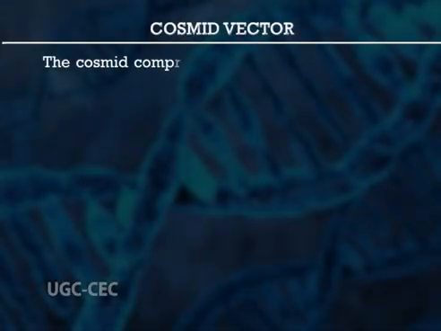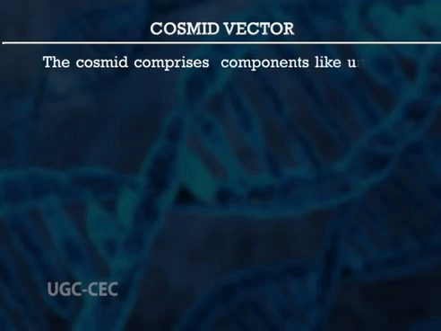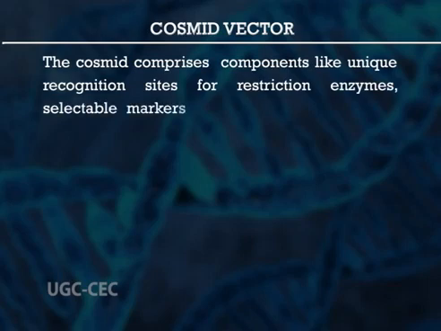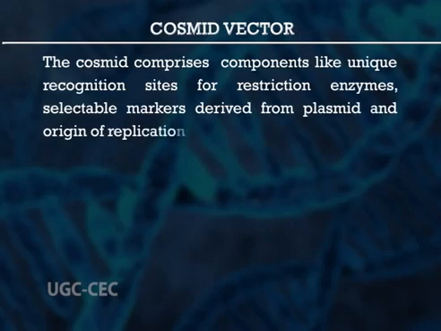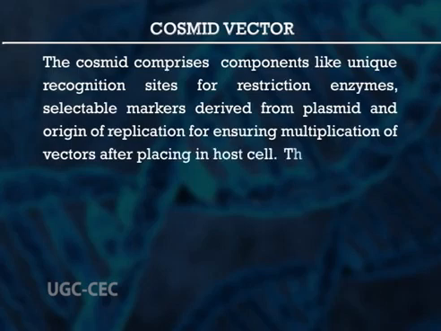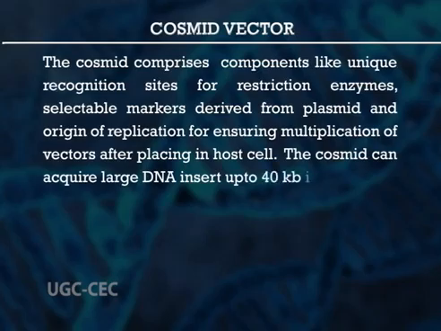The cosmid comprises components like unique recognition sites for restriction enzymes, selectable markers derived from plasmid, and an origin of replication for ensuring multiplication of vectors after placing in the host cell. The cosmid can accept a large DNA insert up to 40 kb in size.